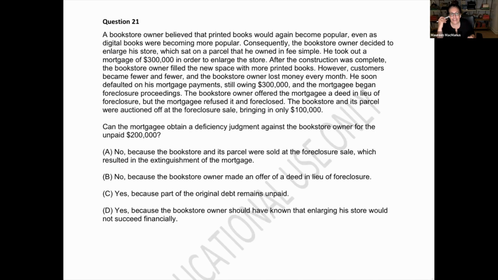Shocker. He soon defaulted on his mortgage payments, still owing $300,000, and the mortgagee began foreclosure proceedings, which they're allowed to do. The bookstore owner offered the mortgagee a deed in lieu of foreclosure. If they had accepted the deed in lieu of foreclosure, then we'd be done here, but they don't. The mortgagee refused it and foreclosed. The bookstore and its parcel were auctioned off at the foreclosure sale, bringing in only $100,000.